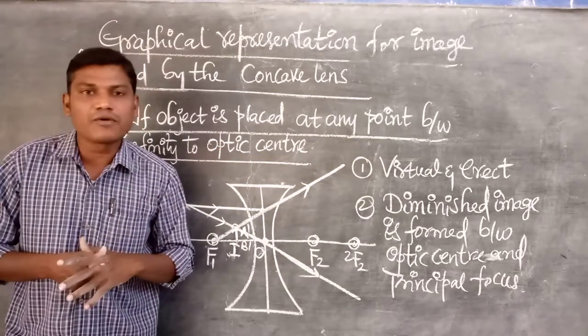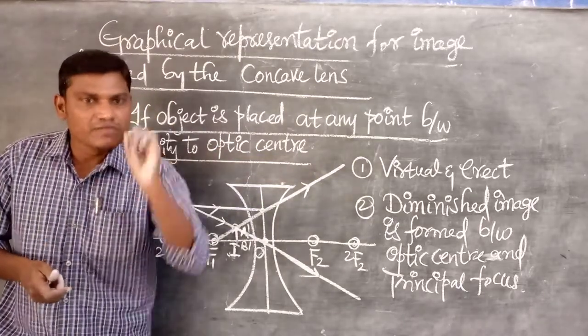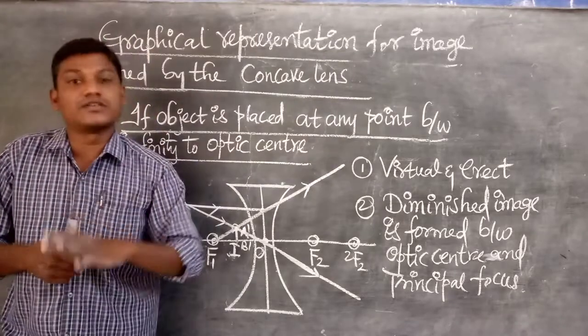But a concave lens always forms which image? A virtual and erect image only.